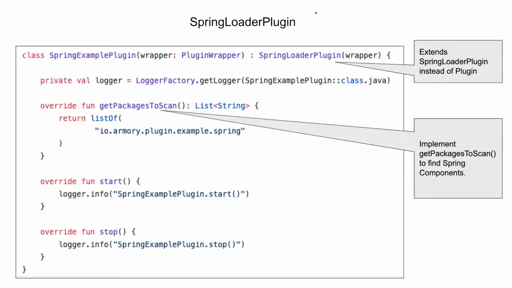This is similar to the entry point for plugins that you saw earlier, but instead of extending plugin, we extend Spring Loader plugin. We have the same start and stop lifecycle hooks, but we also have this get packages to scan method that we can override, and we give it a list of packages. And it's going to scan those packages for Spring components.